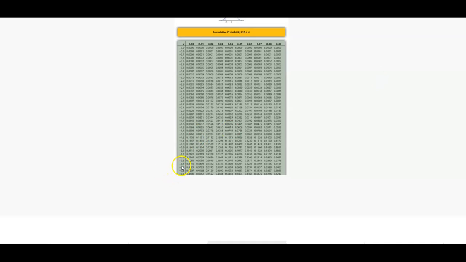And here's negative 0.4. Now, if there's a second decimal, we're going to search for it. So let's say it had been negative 0.45. We would look for the 5 up here, which is right here, and we'd have gone negative 0.4 and over to the 5 for the second decimal. But we just have negative 0.40. So that's this first value, 0.3446.